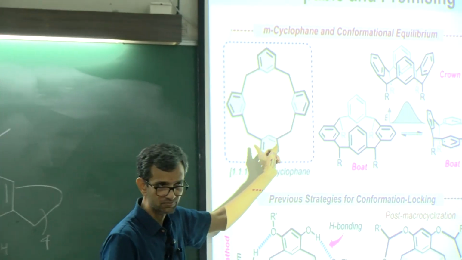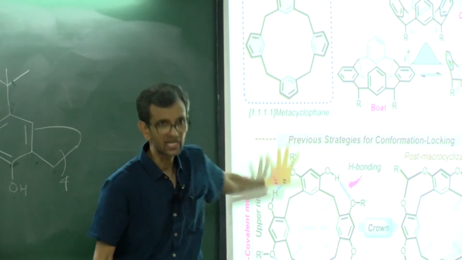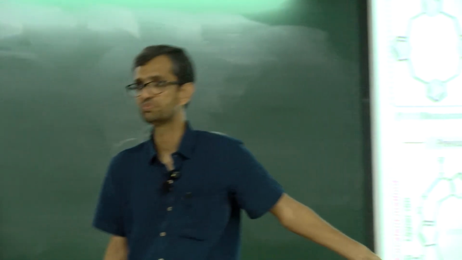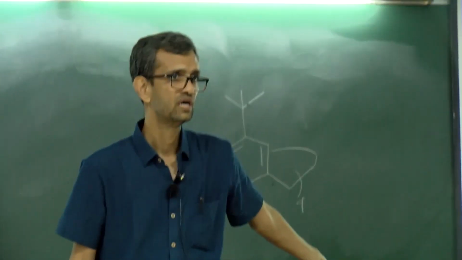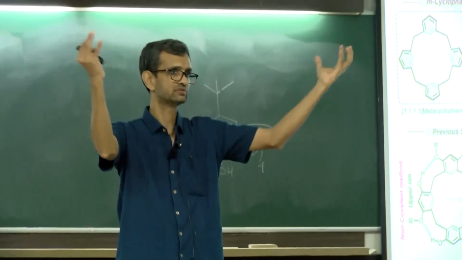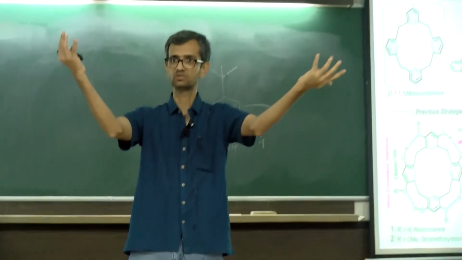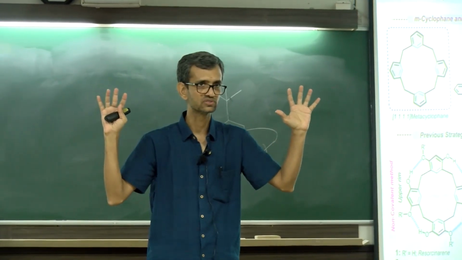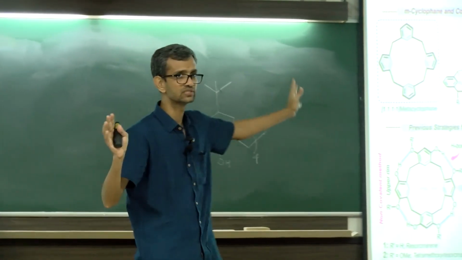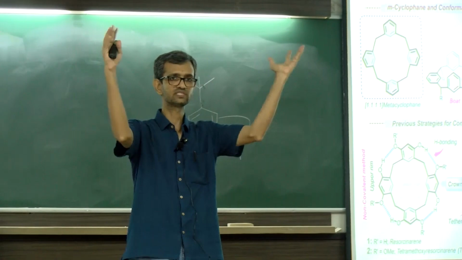Given this scenario, how do you think this molecule will behave when you put it in solution, because there is nothing to hold? There was hydrogen bonding, so all these arms could be tied through hydrogen bonds. Now in this case, there is no hydrogen bonding interaction. How do you think these arms would be?